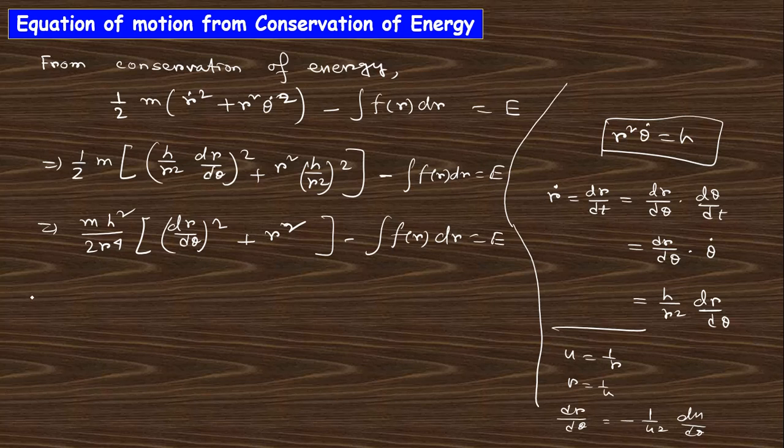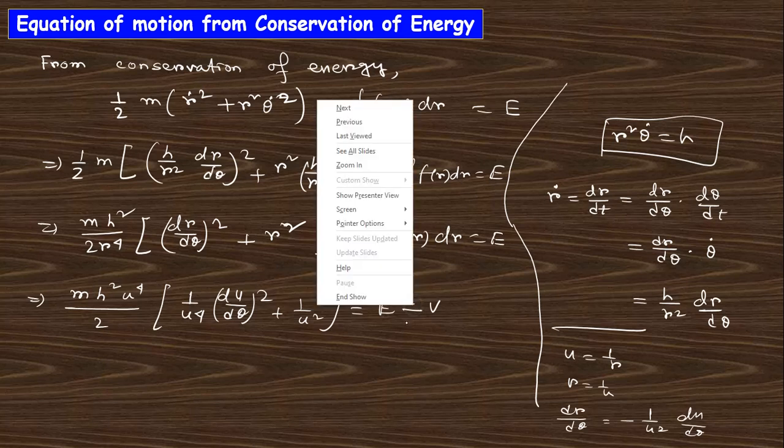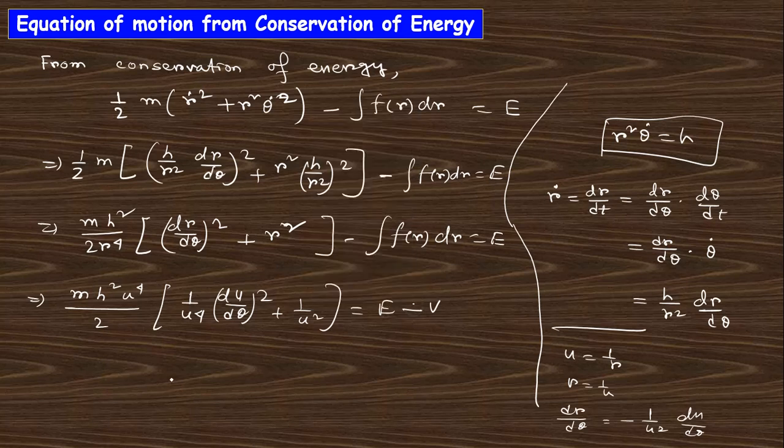If you put that here, you will get m h square and r to the power 4, that is u to the power 4 on the upper side, by 2 into dr d theta whole square, that is 1 by u to the power 4 du d theta whole square, r square is 1 by u square, equals E minus V.